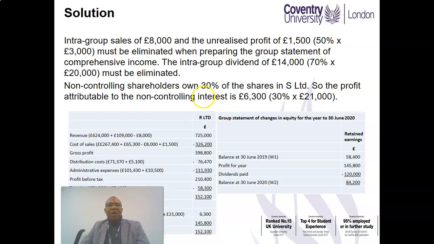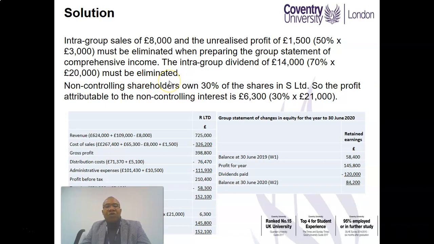Here, just as I said, the intra-group sales of 8,000 and the unrealized profit of 1,500, which is 50% of the profit earned, must be eliminated when preparing the group statement of comprehensive income. Again, the intra-group dividend of 14,000, which is 70% of 20, must equally be eliminated.